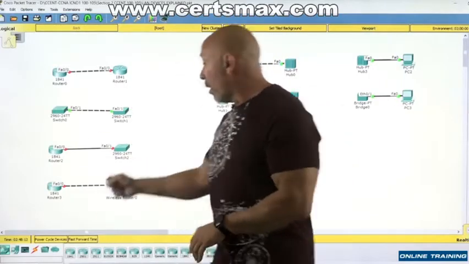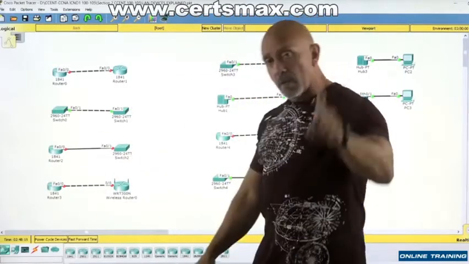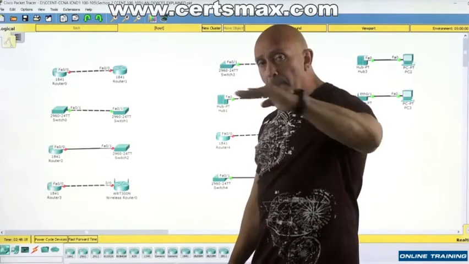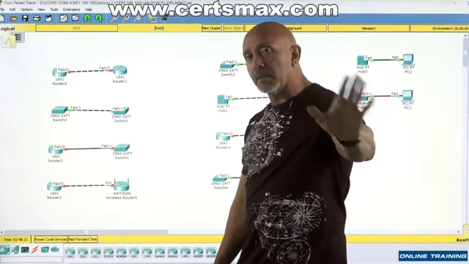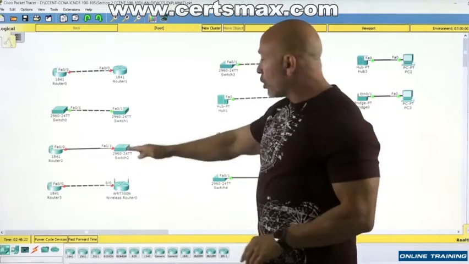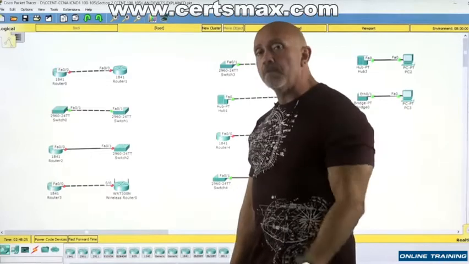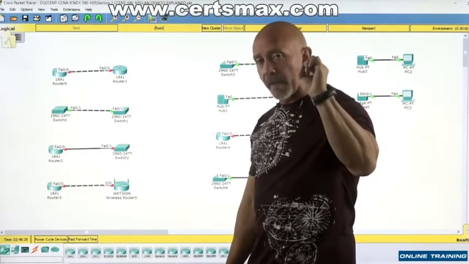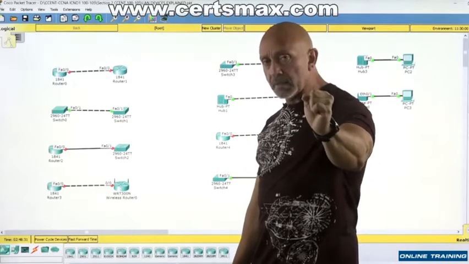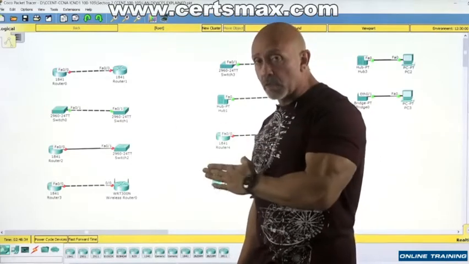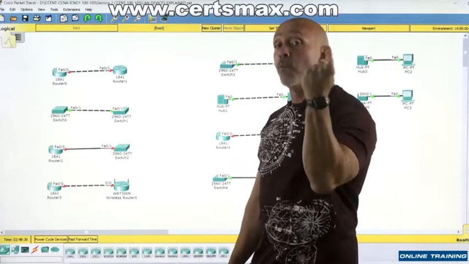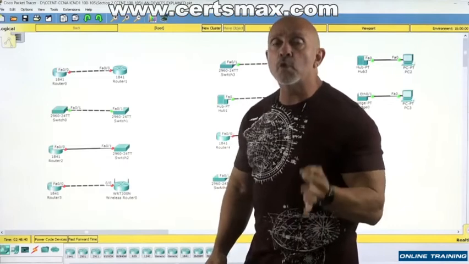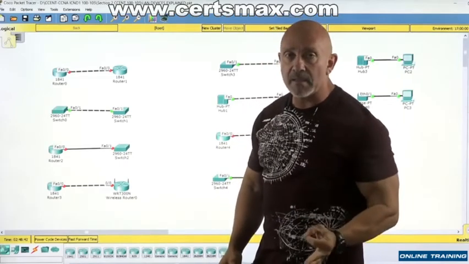All right, so with a hub, you have one collision domain, one broadcast domain, period. End of discussion. On a switch, by default, you have one collision domain. I'm sorry, that's incorrect. Multiple collision domains, because each port is its own collision domain, but you still have one broadcast domain unless you create VLANs.